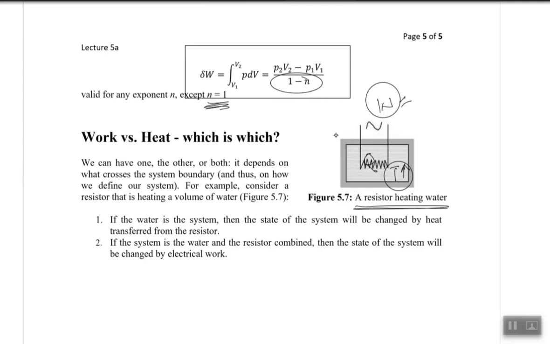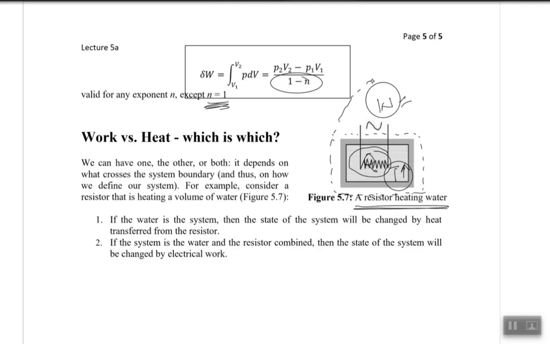So let's say I consider this to be my system, which means the boundary of the system does not include the electricity. As the temperature is rising, we simply understand that the temperature is rising due to the heat supplied. Now I would complete this example.